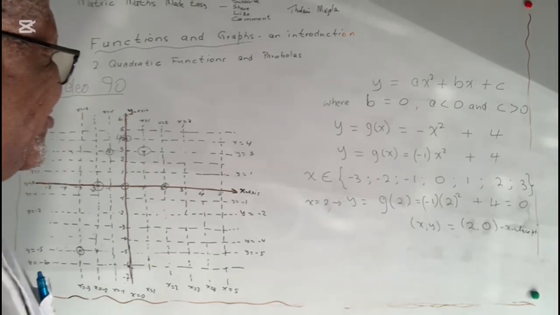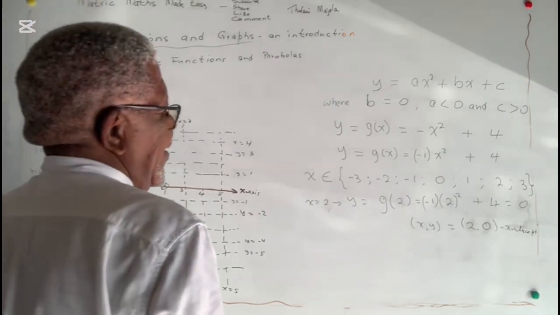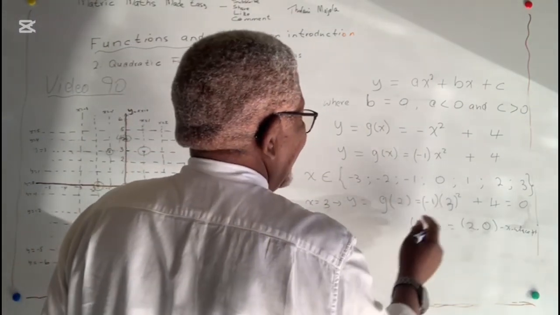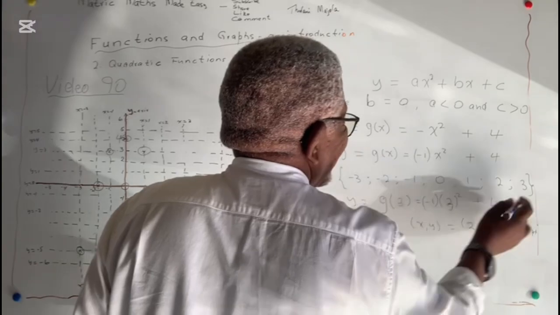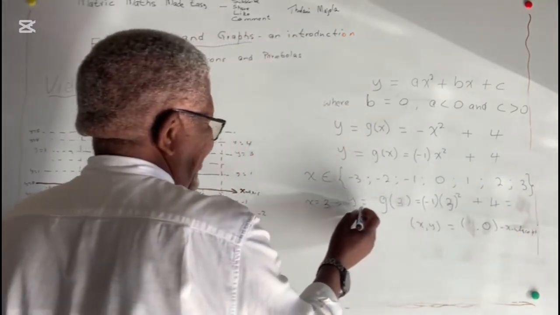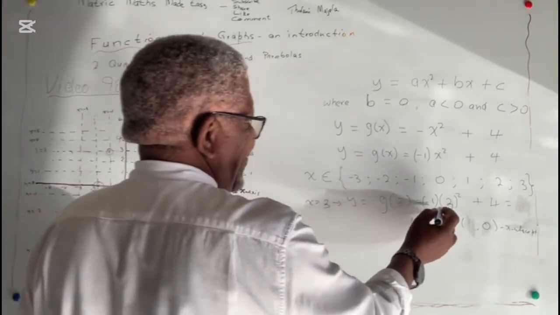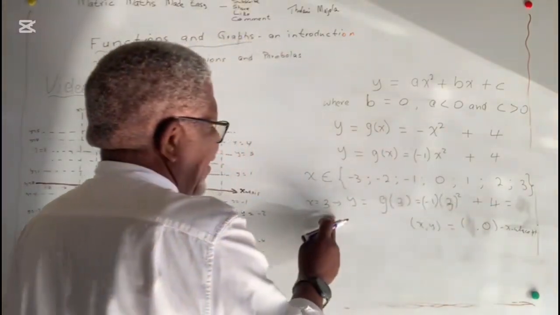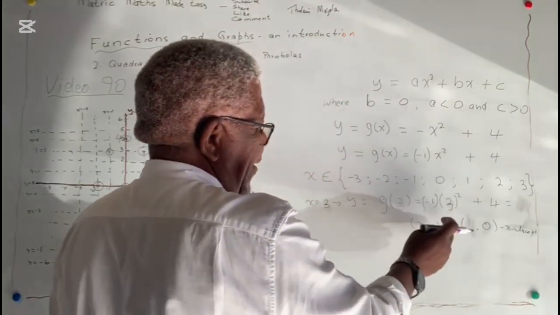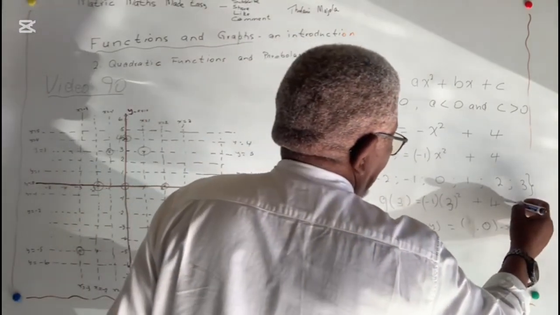Almost there. So when x is 3, now you get g of 3. g of positive 3 squared is 9, times negative 1 is negative 9, plus 4 is negative 5.